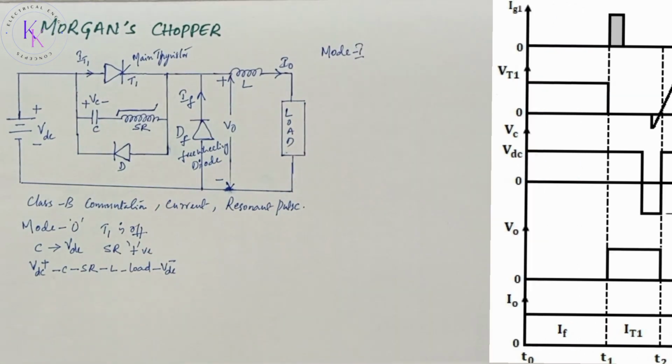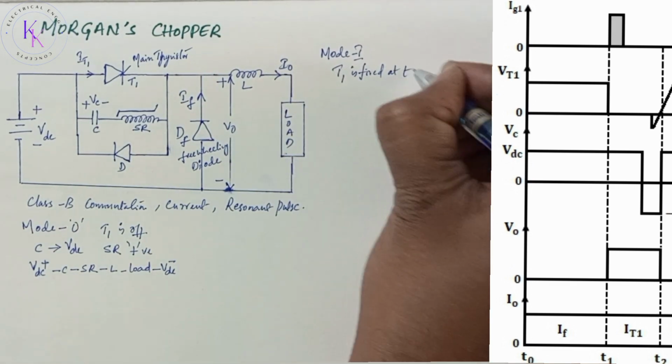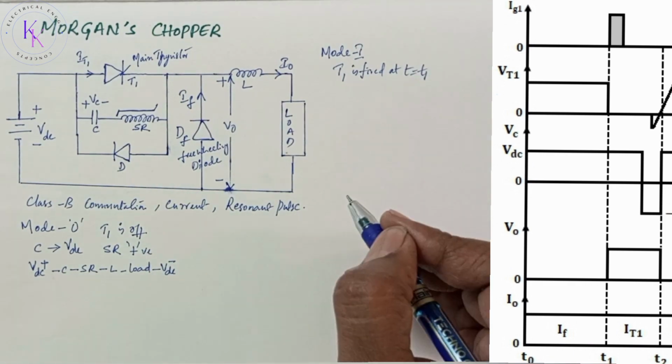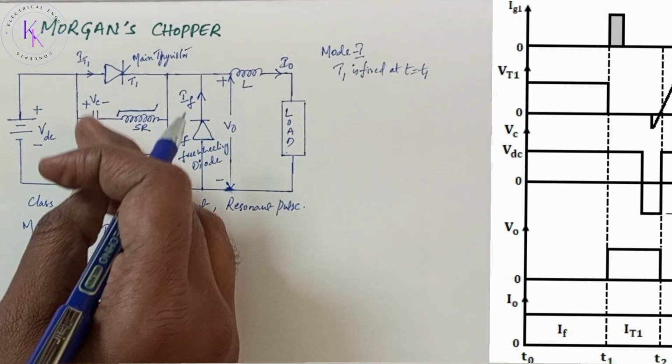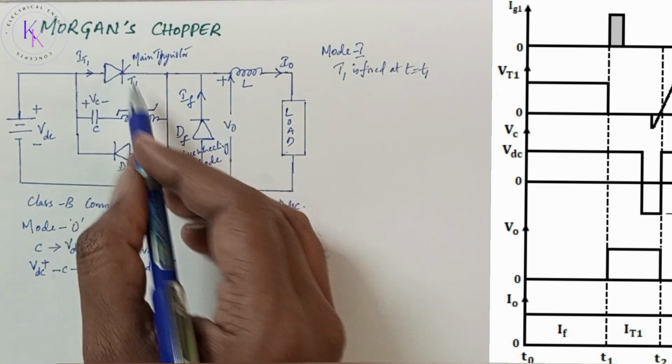Mode 1. When the thyristor T1 is fired at t equals t1, you can observe in the waveforms, the voltage across the capacitor appears across the saturation reactor through T1.